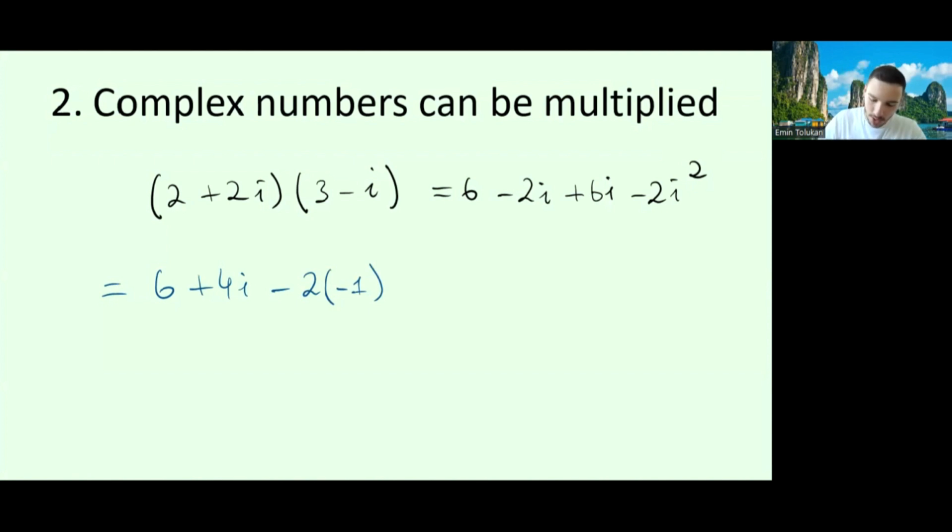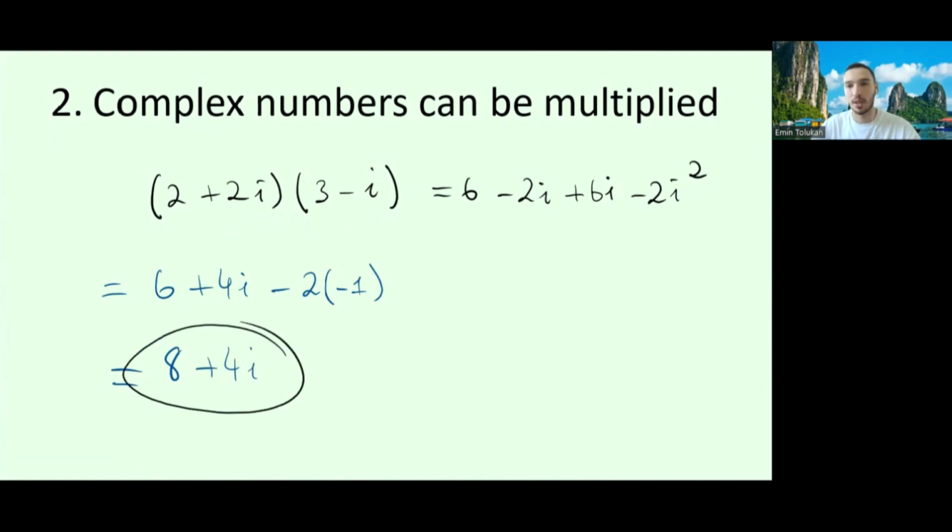In such case, 6 minus 2 times minus 1 will give me 6 plus 2, and that will give me 8. So all of that is equal to 8 plus 4i. As you can see, when we multiply complex numbers together, we actually get a different complex number.